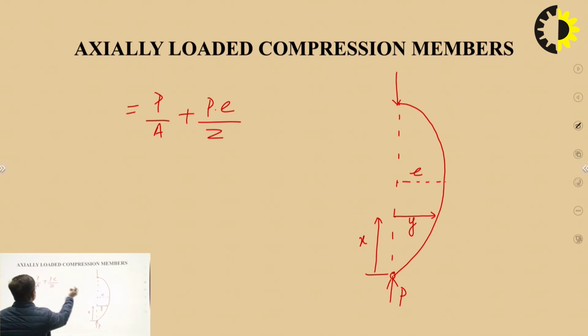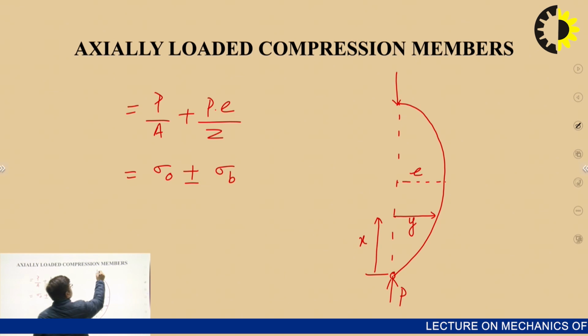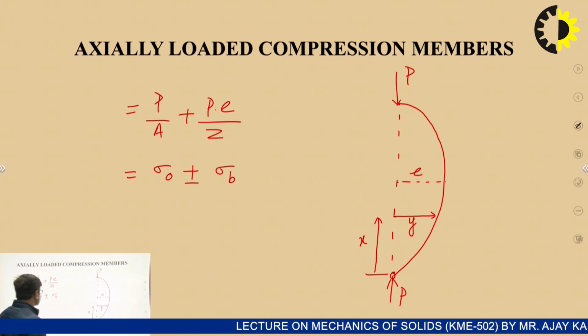Say P by A is the direct stress, and this P into e by Z is the bending stress, and this bending stress occurs because of buckling produced by this load P. So here we can find the two stresses on the basis of this equation.